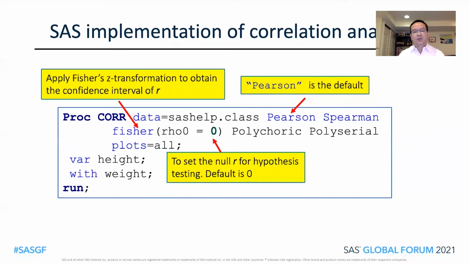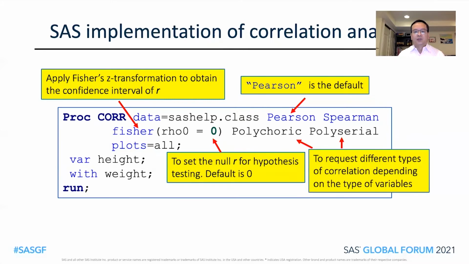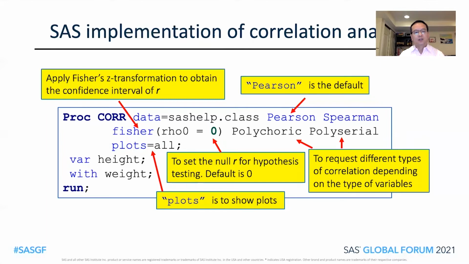And often you want to test different null hypotheses, and you can also specify that; the default is 0. And you can just use the POLYCHORIC or POLYSERIAL option to request a different type of correlation coefficient. And as with other SAS procs, this proc also provides plots.